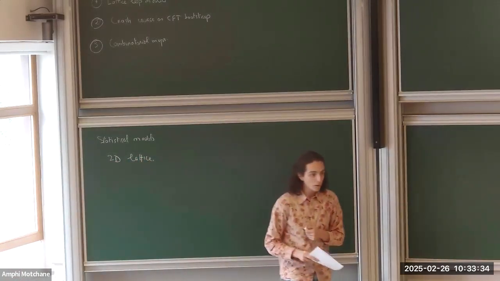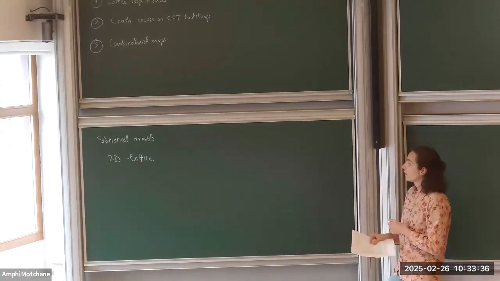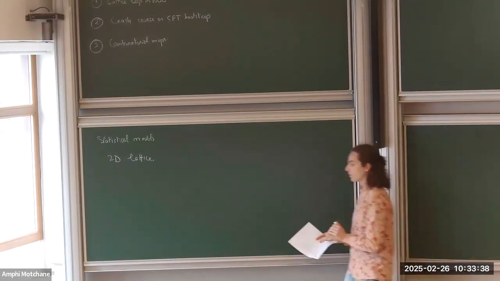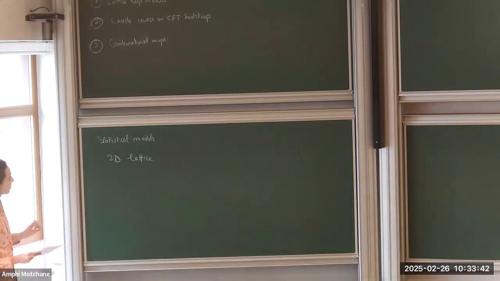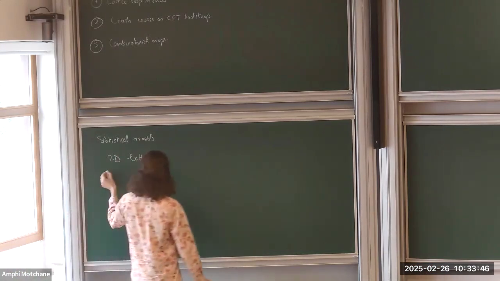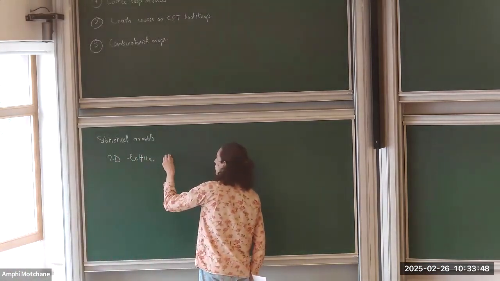There is a great variety of models we call loop models, which are all slightly different, but which have universal properties, which are the properties I'm interested in. So I take a 2D lattice, and I call a loop model on this lattice the following thing.